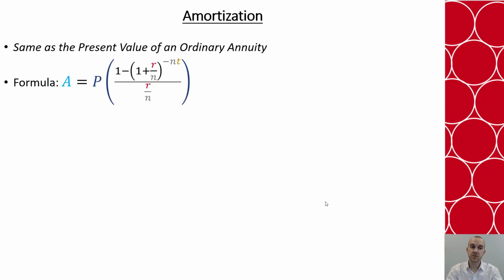So because of this, we can actually use the same formula as the present value for an ordinary annuity. What we have to pay attention to is what each of these components mean. When we look at the A value, that will be our starting loan amount. That's the amount that you start by saying, I'm going to borrow this from the bank or borrow this from the company.